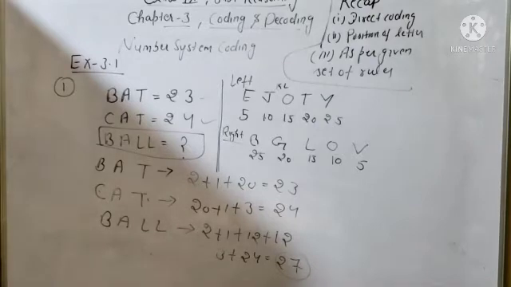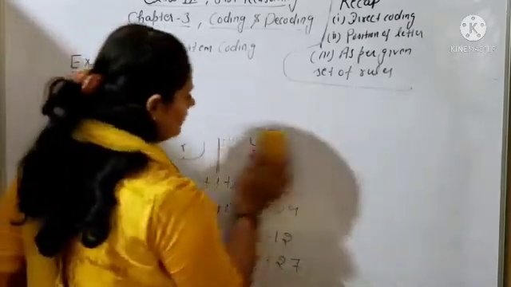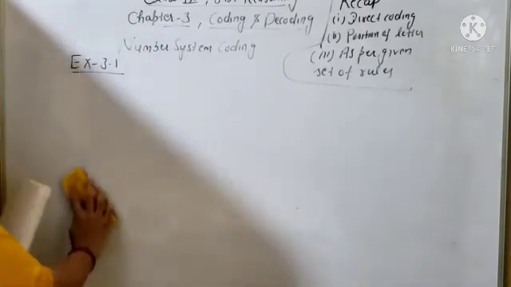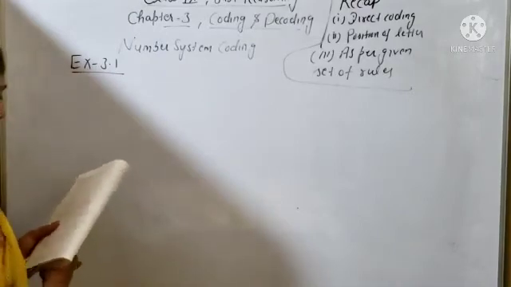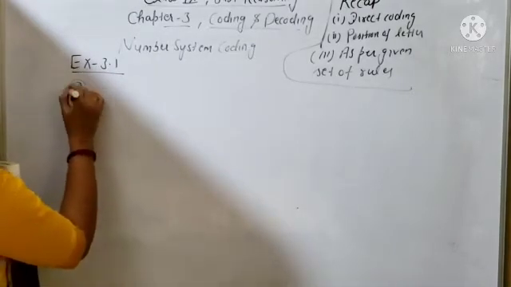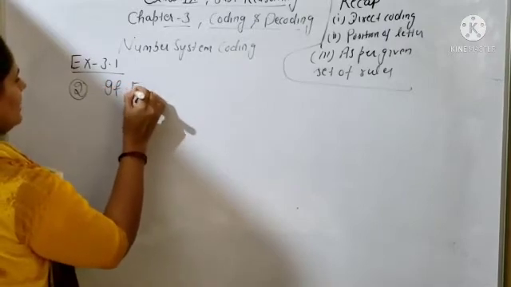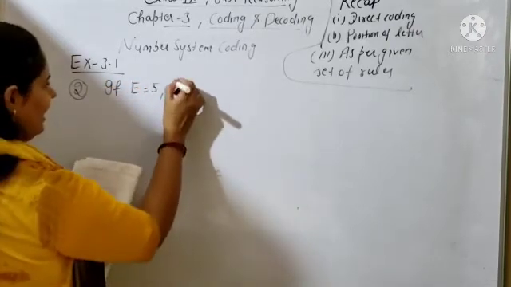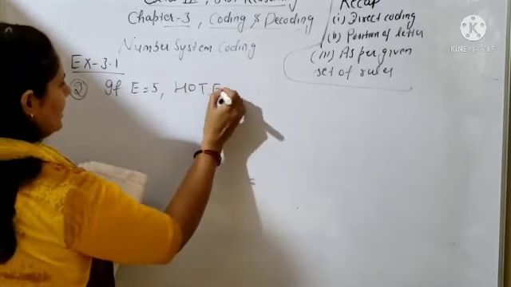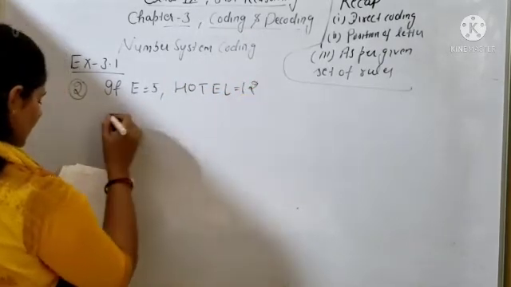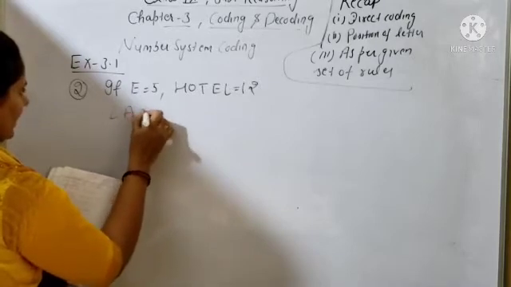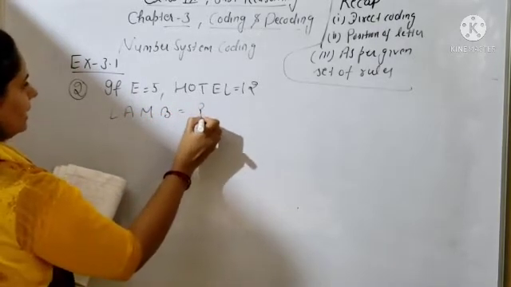Now next question, question number two. If E is equal to 5 and HOTEL is equal to 12, then you have to find out LAMB is coded as.